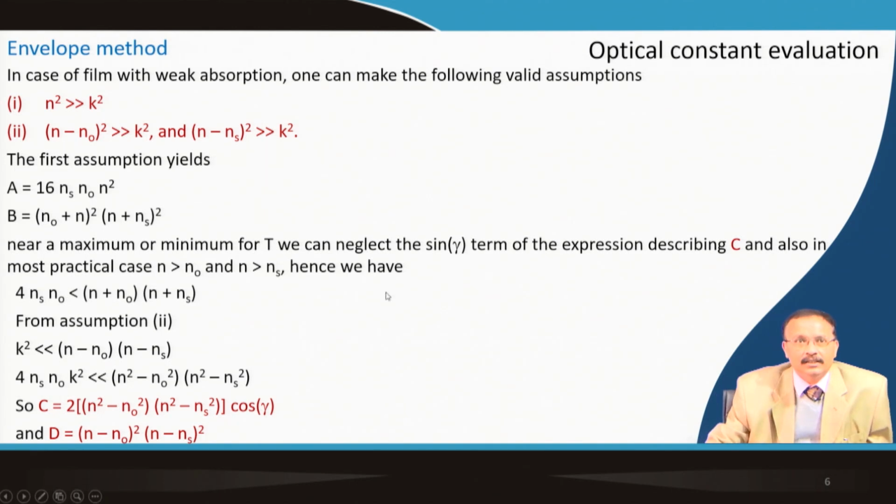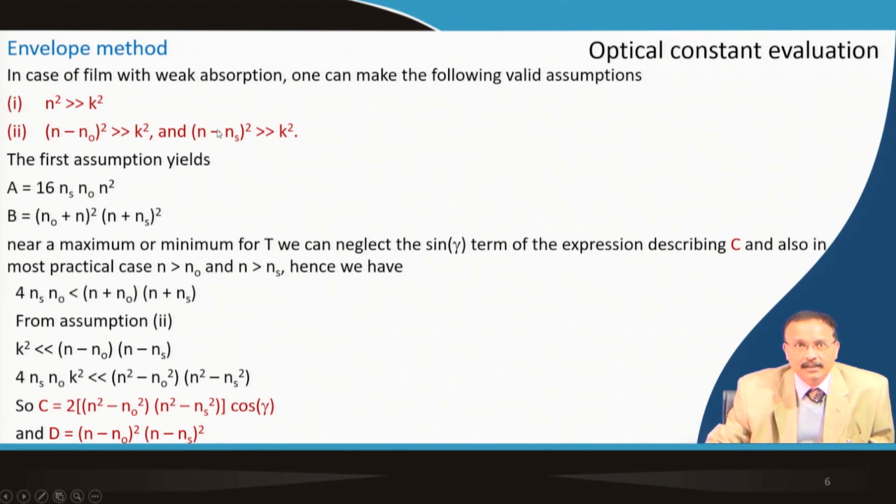So, first we consider that this value of n is much larger than the extinction coefficient, and second, we are considering air as the medium. So, n minus n square is also much larger than the extinction coefficient square. It is a small number and you are squaring it, so the value will be really very small, and the same thing applies for the substrate and the film.